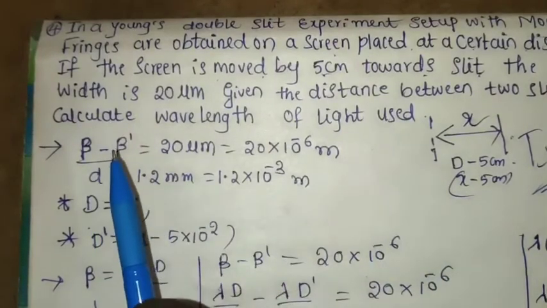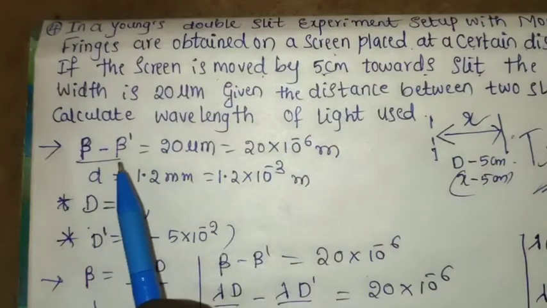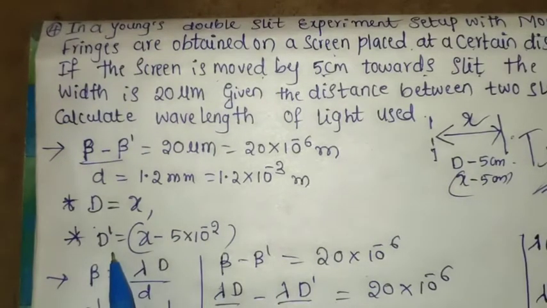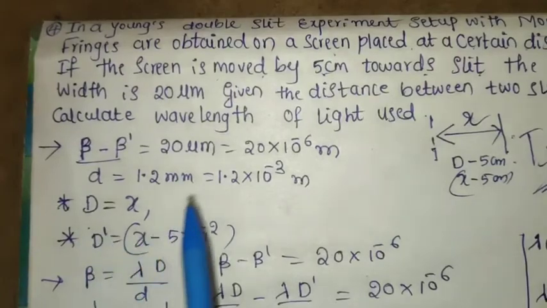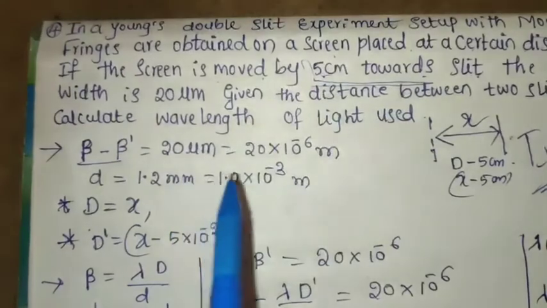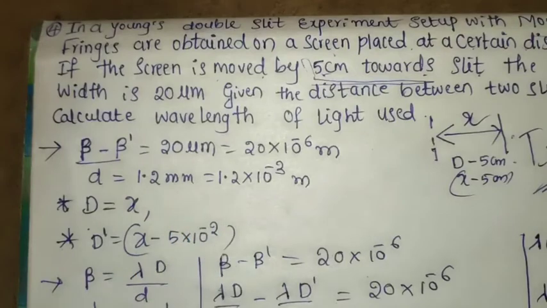Given the change in fringe width, beta minus beta dash, and D equal to x, the initial distance from the slits to the screen, and D dash is the distance after moving towards. See here, I am underlining these words, moving towards, meaning the distance is decreasing, so D dash equals x minus 5 into 10 to the power minus 2.